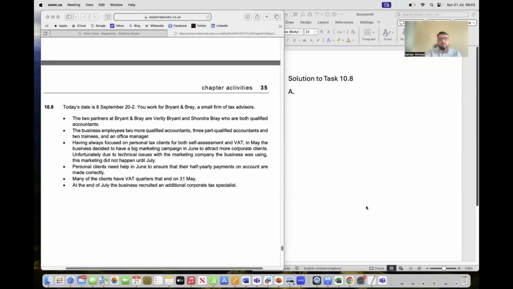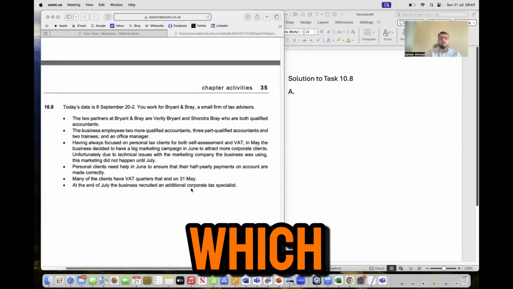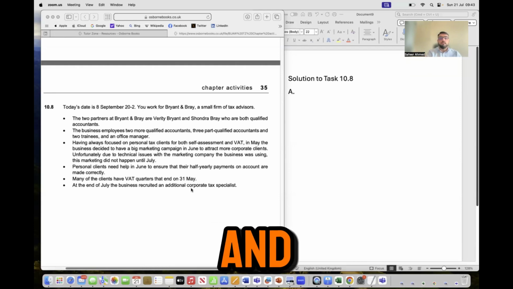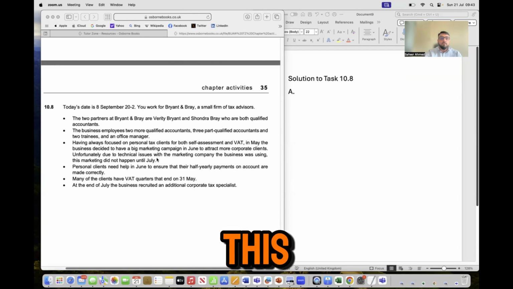I have selected this task, which is from the Osborne Tutor Zone Chapter Activities, activity 10.8. This is a typical format of the information they're going to give you in this task.